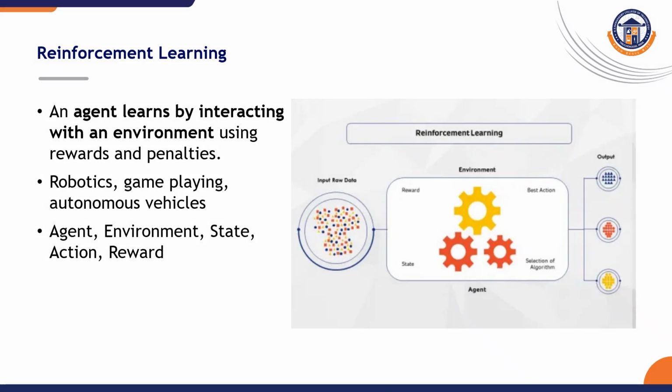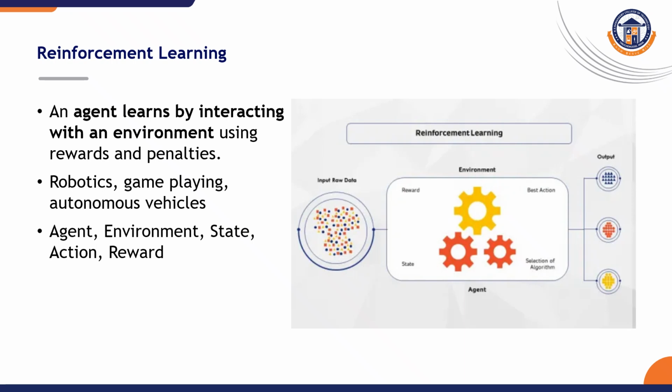Reinforcement learning is based on the interaction with the environment, and the rewards and penalties it receives. The reinforcement learning works with the input data and the environment. If it achieves the best positive result, a reward is given. If a negative result is achieved, that is, the accuracy is low, it is given a penalty, goes back to the environment, builds some predictive analysis models, and goes for the output.